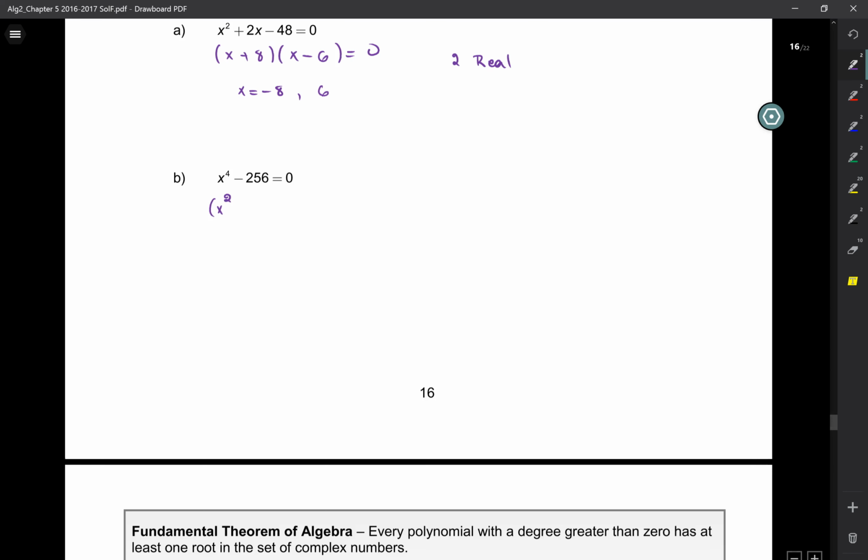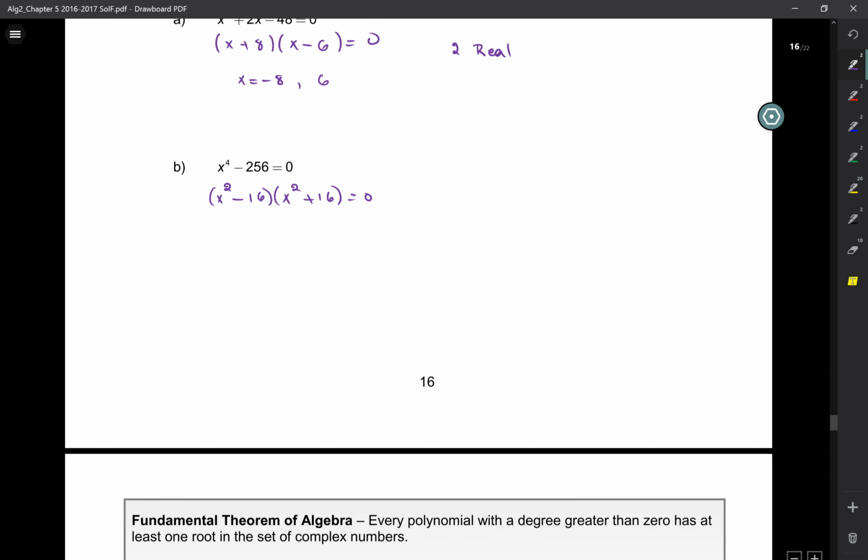So I can write this as x squared minus 16, x squared plus 16. And you can factor the first one further. Difference of 2 squares, x minus 4, x plus 4. Well, what about the next one? No, because it's a difference of 2 squares, and this has a plus sign, so that doesn't work. So we just leave it as is.